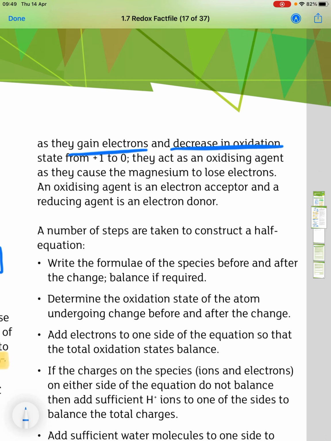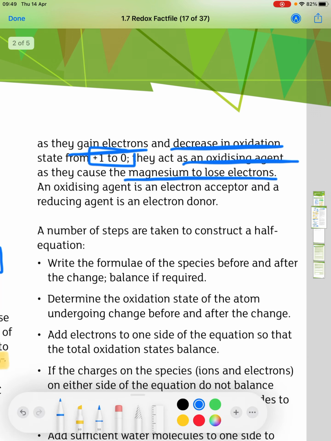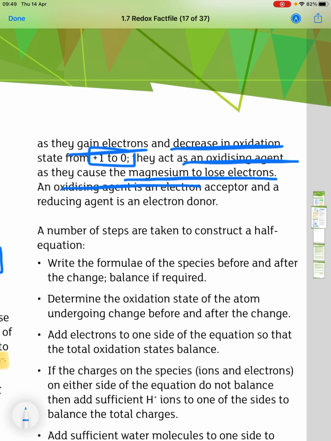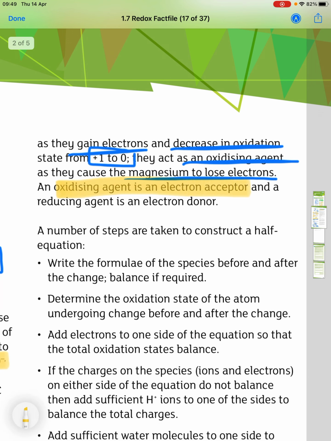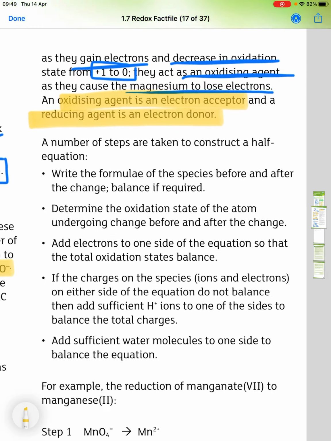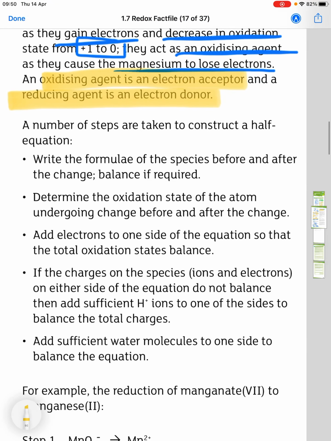They gain electrons and decrease in oxidation state from +1 to 0, and they act as an oxidizing agent as they cause the magnesium to lose electrons. So an oxidizing agent is an electron acceptor, and a reducing agent is an electron donor. So make sure you know the difference between something being oxidized and being an oxidizing agent.